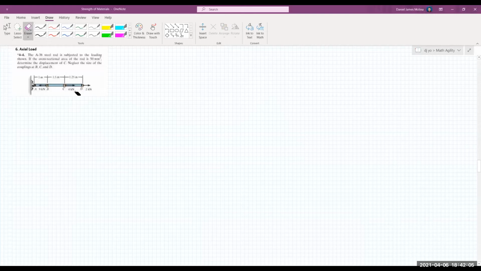To determine the displacement of C, we must solve for the deformation of bar BC and then the deformation of bar AB, since any movement of these two bars will affect the given point.